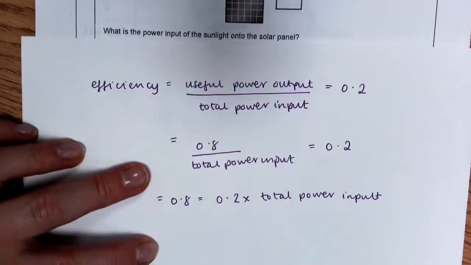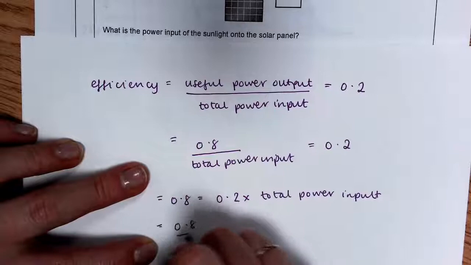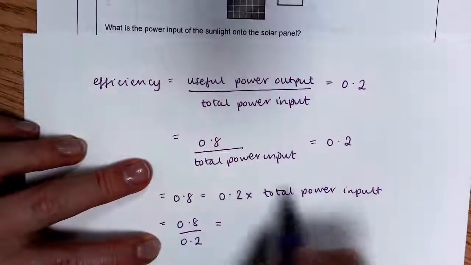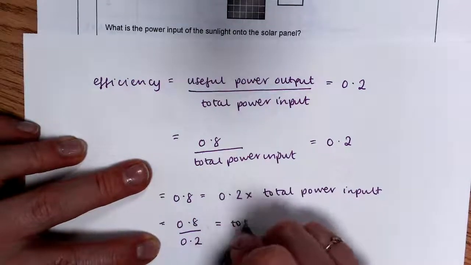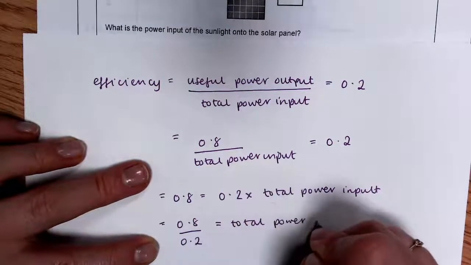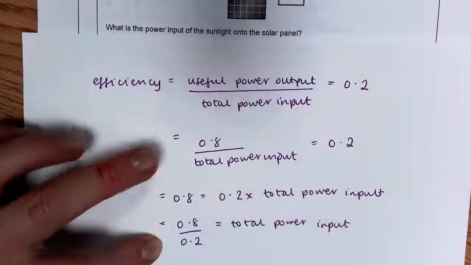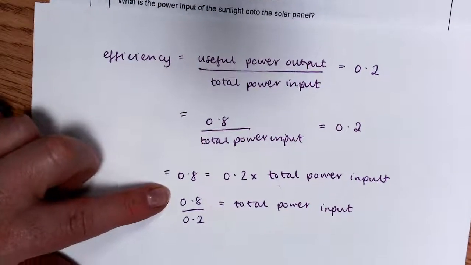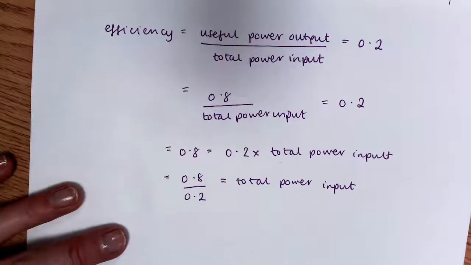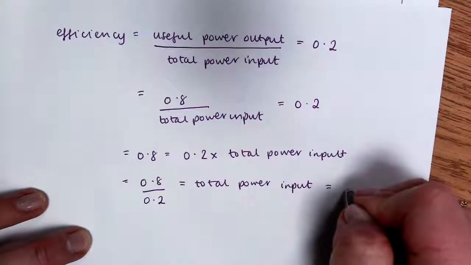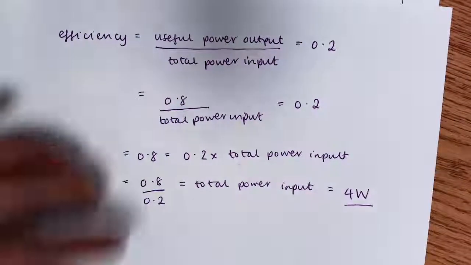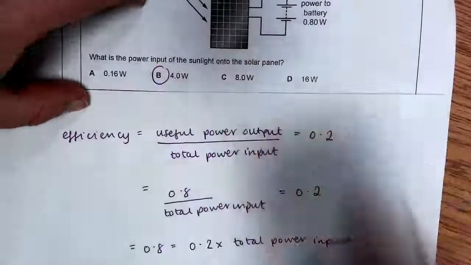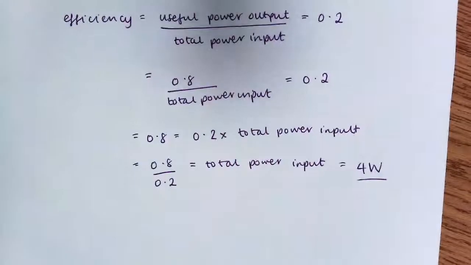So what I'm going to say is 0.8 divided by 0.2, because I've divided both sides of the equation by 0.2, gets rid of this on this side, equals total power input. 0.8 divided by 0.2 is the same as 0.8 multiplied by 5. You can do it on the calculator though, you've got that. And you will get a value of 4 watts. And if we have a look, we've got that option, so we choose answer B. Total power input is 4 watts.